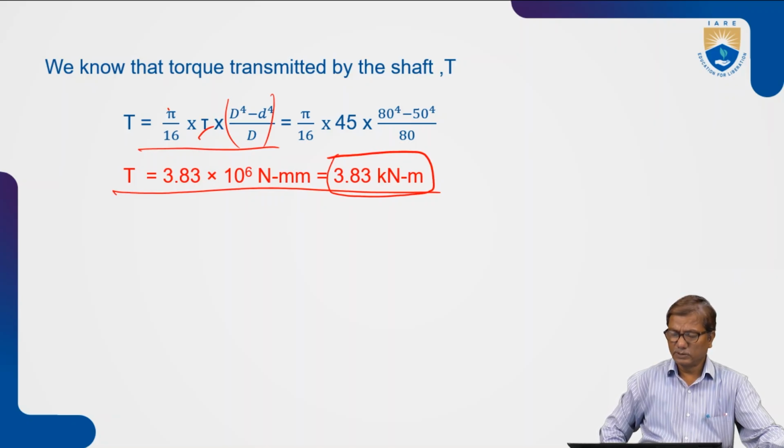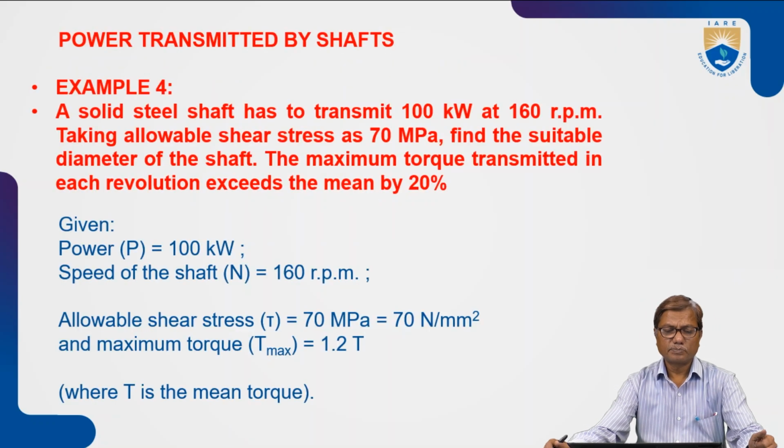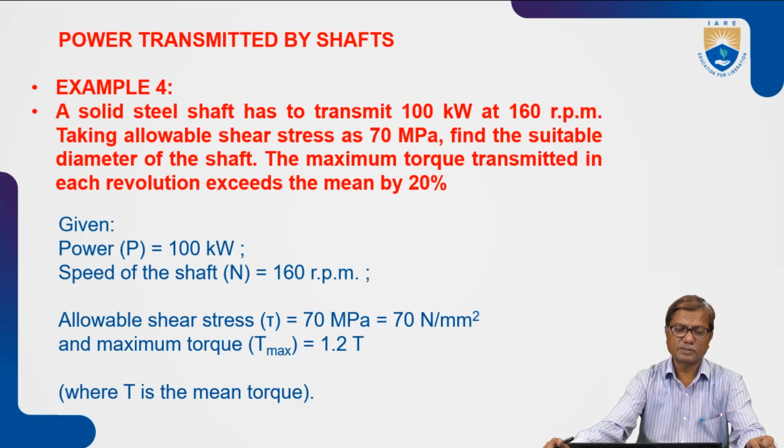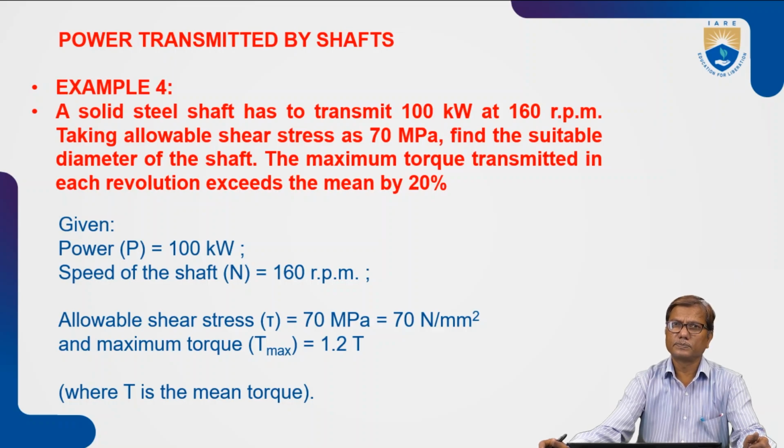Now, the next example, this fourth example, reads like this: a solid steel shaft has to transmit 100 kilowatts at 160 rpm, taking allowable shear stress as 70 megapascals.